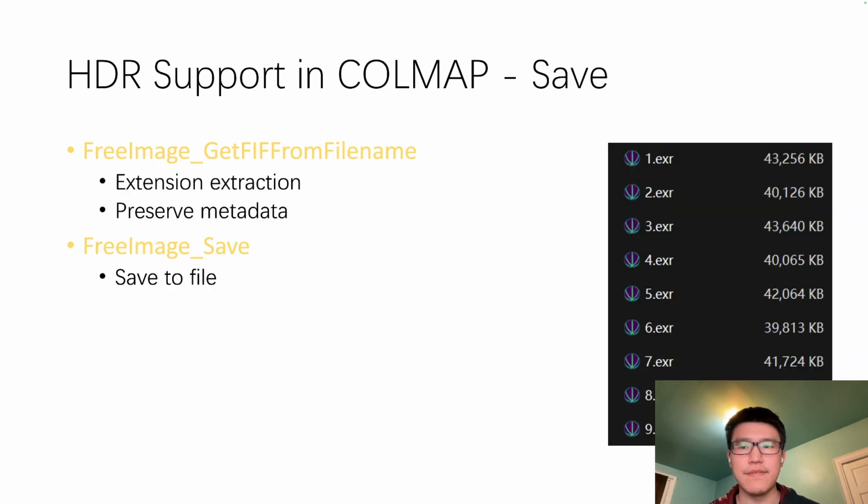Now that I need to save the undistorted images as new files, I need the support to save HDR images. I use a function from FreeImage to get the format of the input image and keep the same extension and metadata as output. It worked, as I see the output of my test images to be near lossless compared to input.